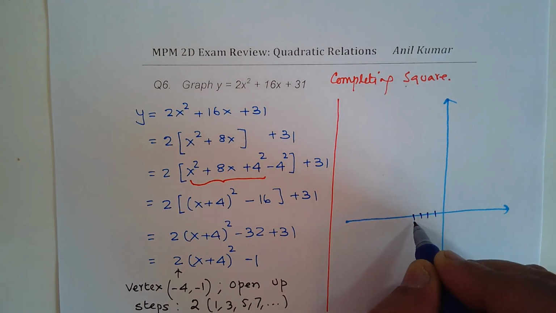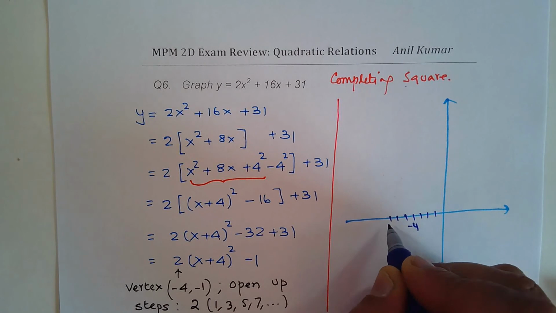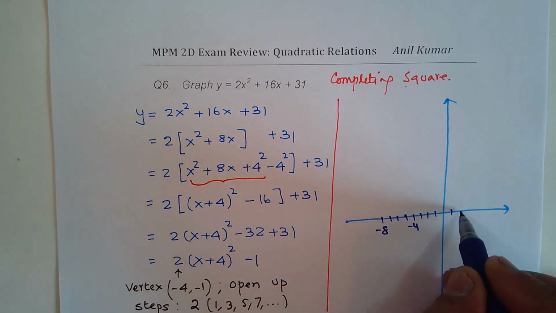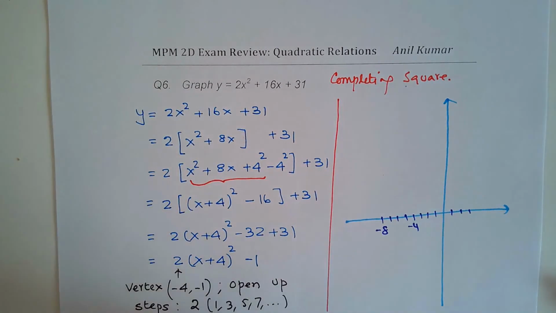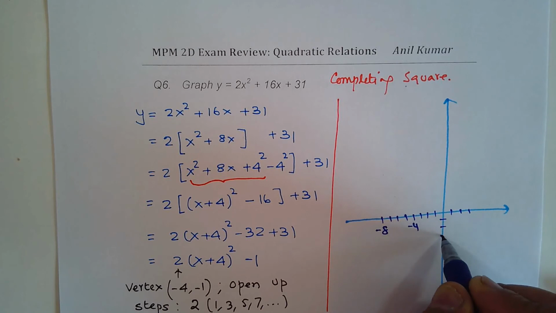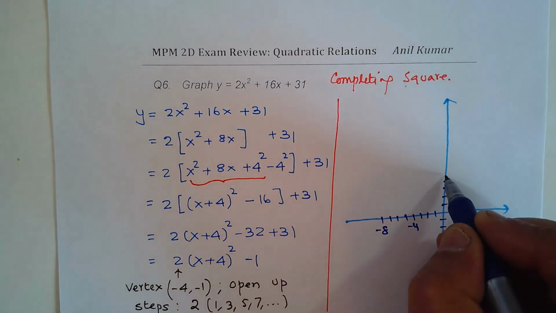So this is minus 4 for us. 5, 6, 7, 8. Let's say this is minus 8. Similarly on the right side, 1, 2, 3. And then minus 1, minus 2, minus 3. So it is 1, 2, 3, 4, 5, 6, 7, 8, 9, 10.